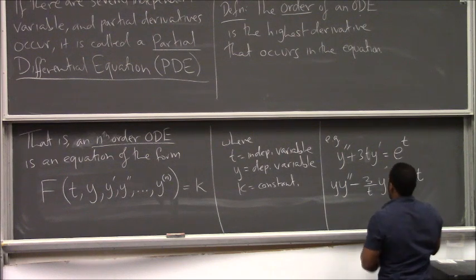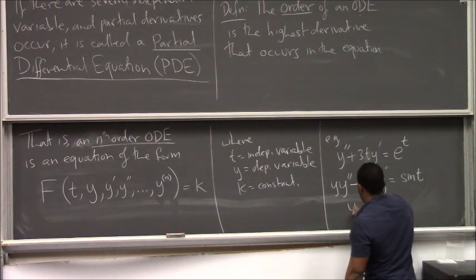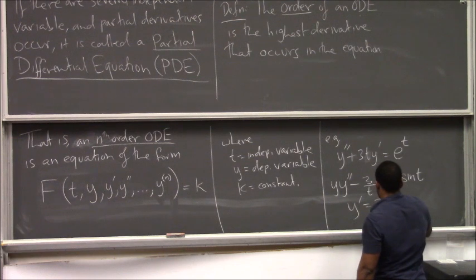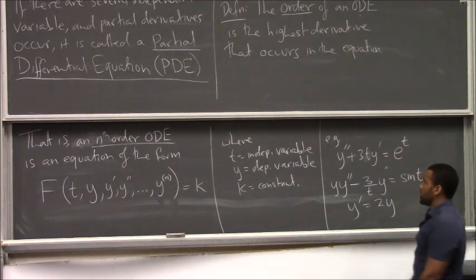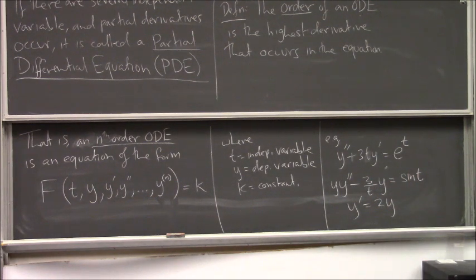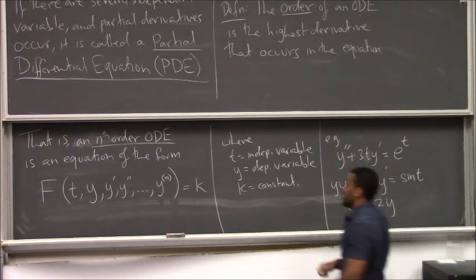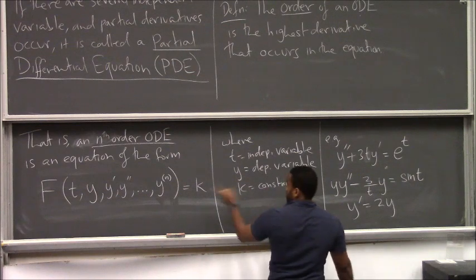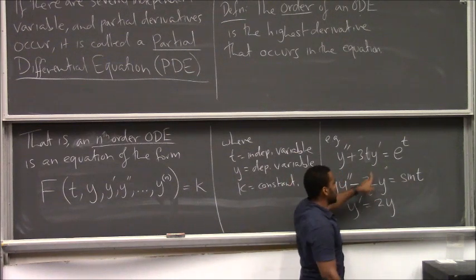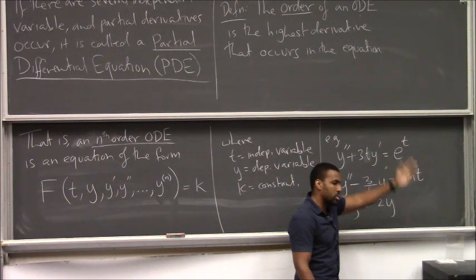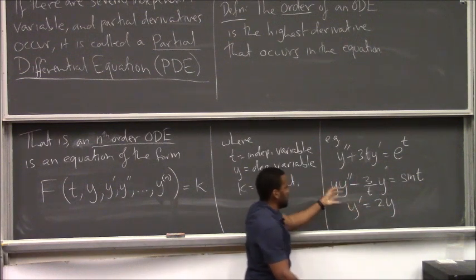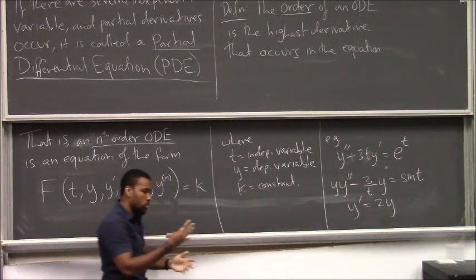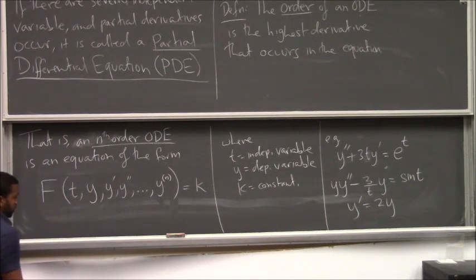That is a differential equation. That is a differential equation. Based on our definitions, these are both second order ODEs. This one is a first order ODE. And notice that in order to get this form, I could move the sine t to the other side to get the constant 0 on this side, and I'll just have some function that mixes together the t's, the y's, the y primes, all that sort of good stuff.